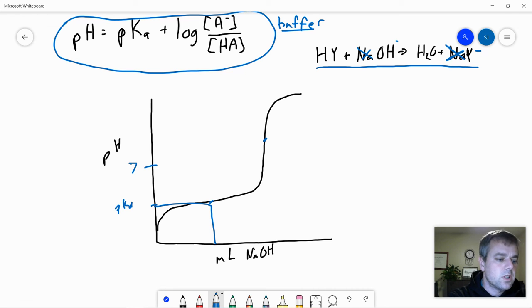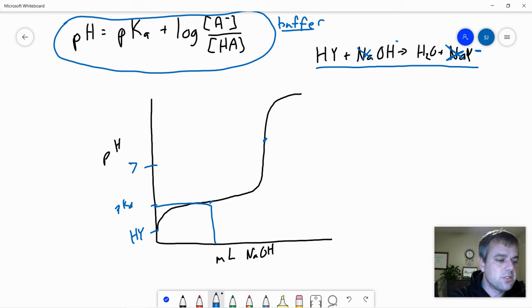Now, prior to the halfway to the equivalence point, if we were asked what the major species are in solution, well, at the very starting point, it's HY.